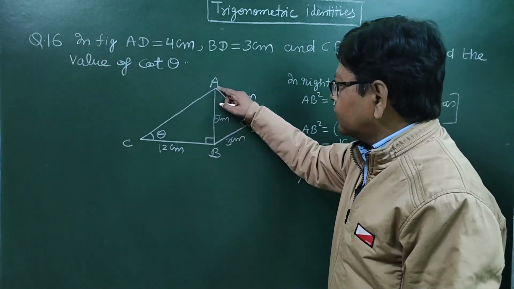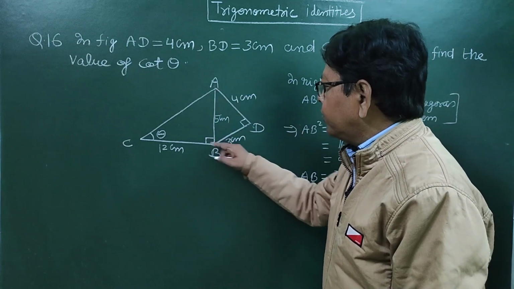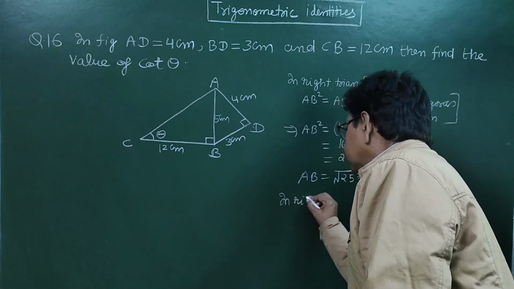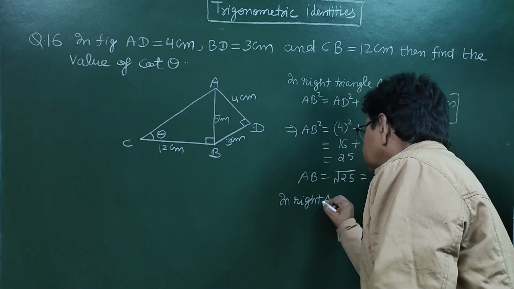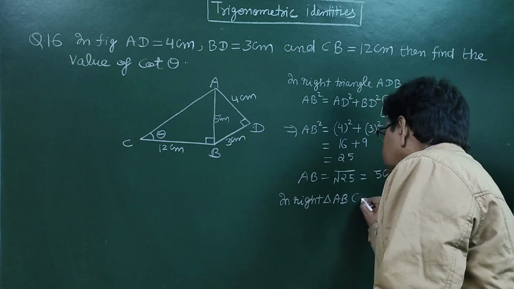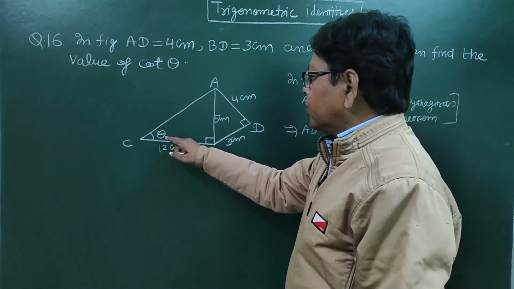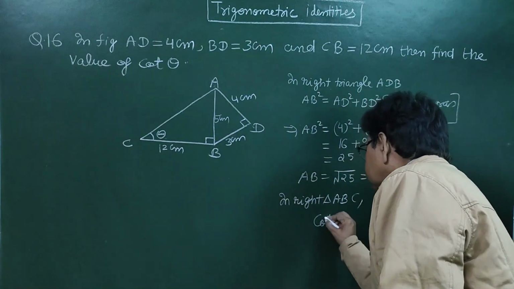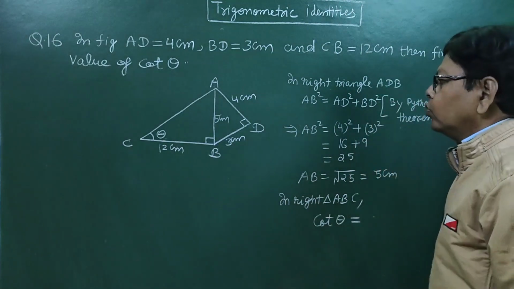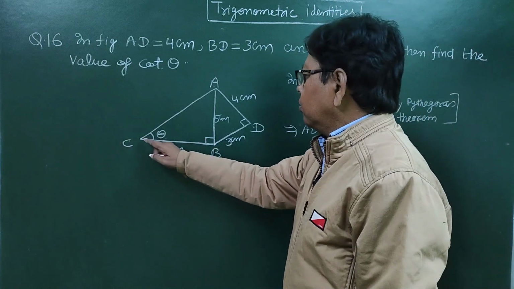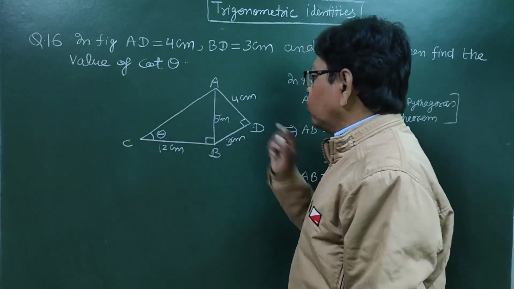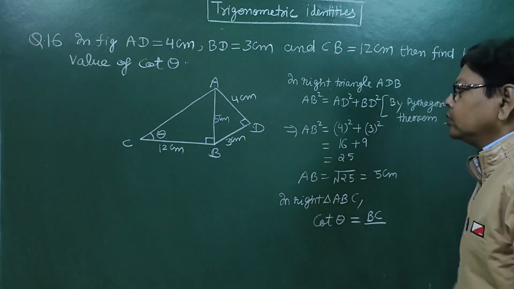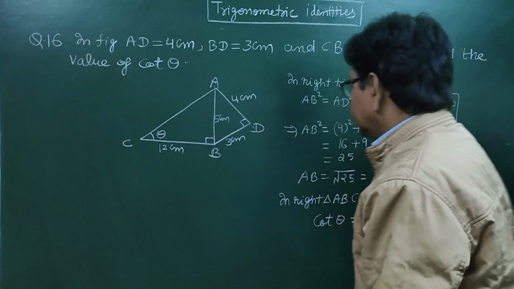And so let us consider right triangle ABC. In right triangle ABC, cotangent of this angle theta, that is cot theta, is equal to base upon perpendicular, BC upon AB.